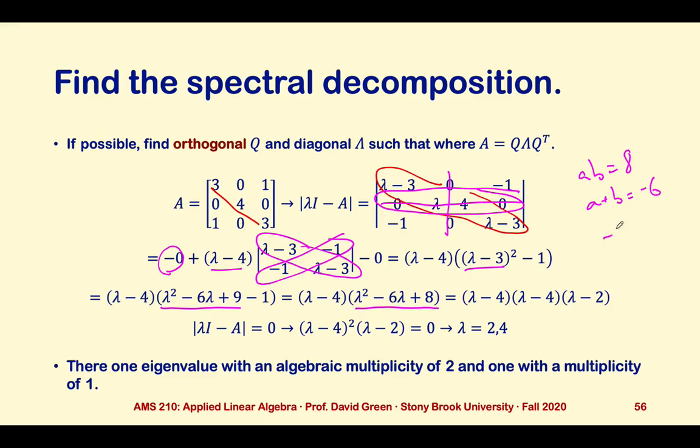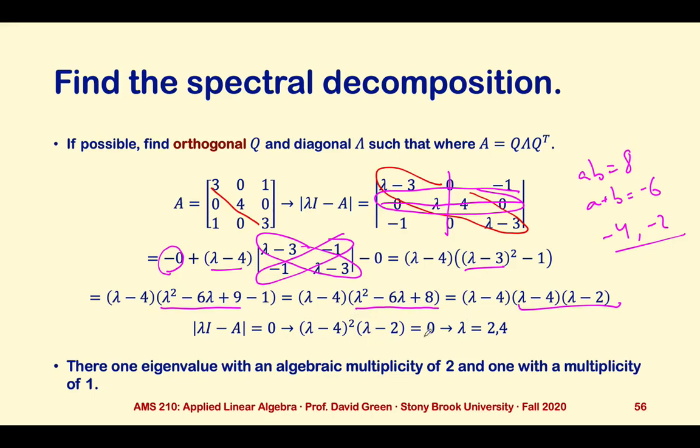This is satisfied by -4 and -2. They add to get -6, they multiply to get 8. So the factorization of this quadratic is lambda minus 4 times lambda minus 2. The overall characteristic polynomial is lambda minus 4 squared multiplied by lambda minus 2.